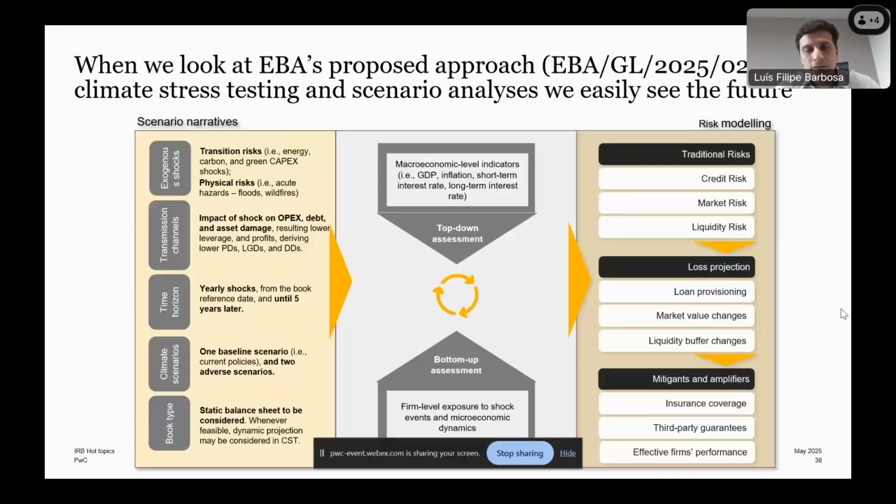And the EBA also published in January this year a document, still a consultation, but a very clear document in terms of the scenario analysis that banks will need to apply starting at the beginning of next year. But as you can see, all the methodologies being conceived by the EBA are very focused on shocks on specific variables.